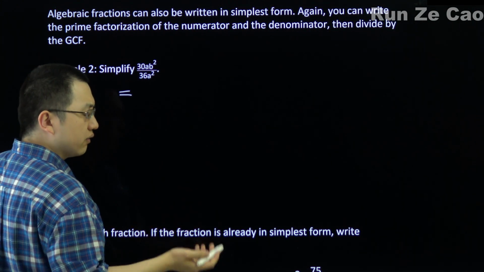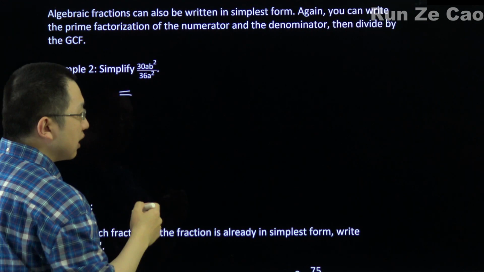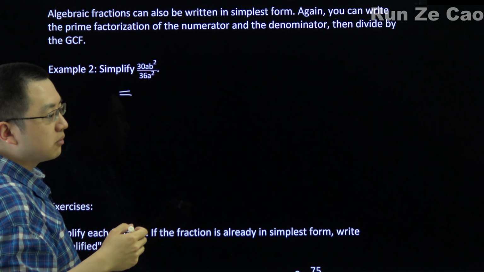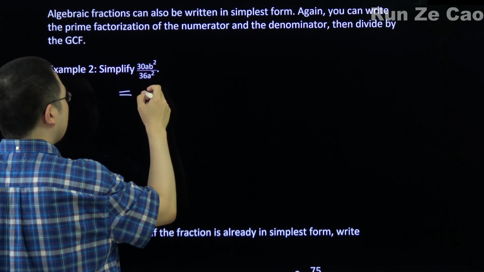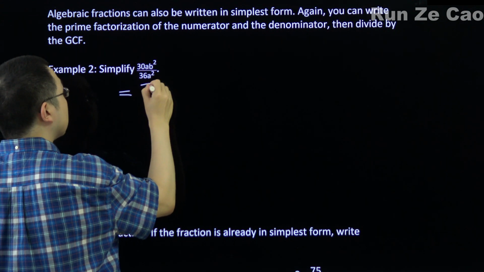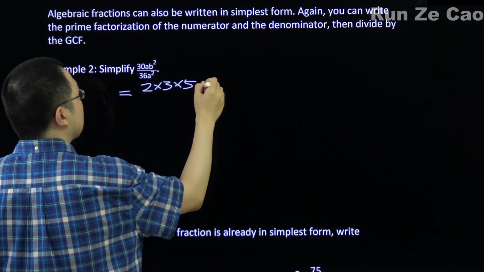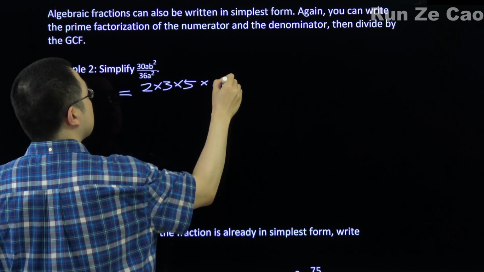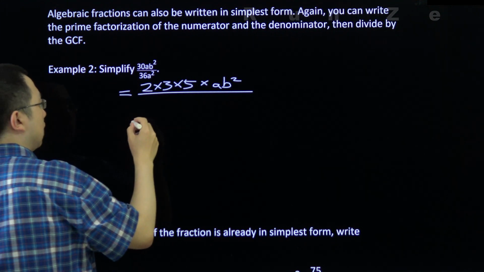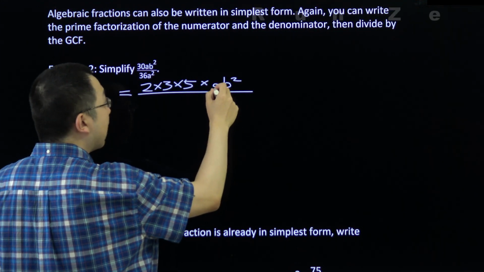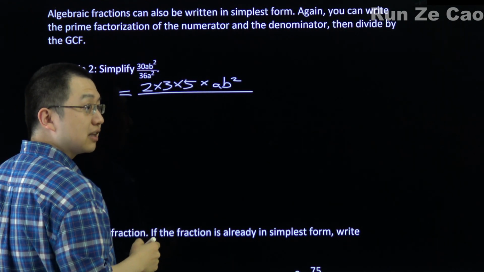Yes, okay, that's obvious, but the standard method is to write out the prime factorizations, even if it seems kind of obvious. So, 5 times 6 is 2 times 3 times 5, and then times ab squared. Over, because I am not going to write out times a times b times b. No, we can just cancel the exponents as needed, guys.